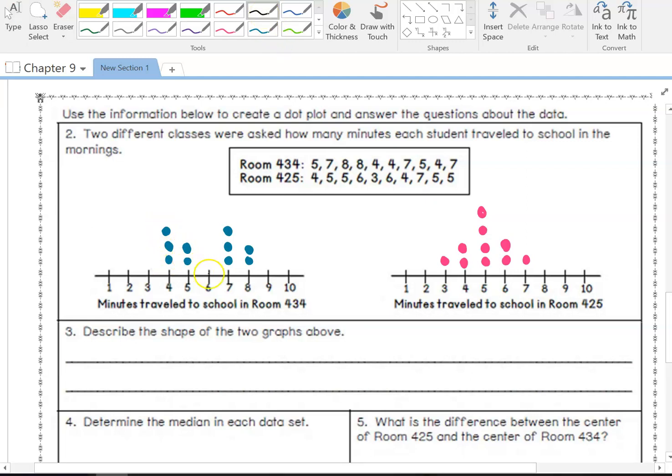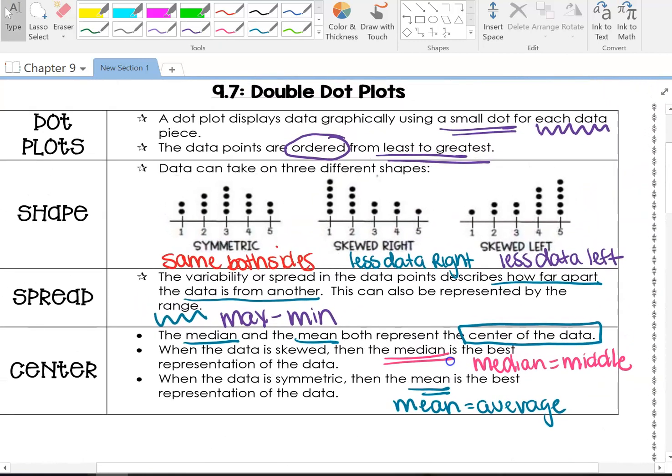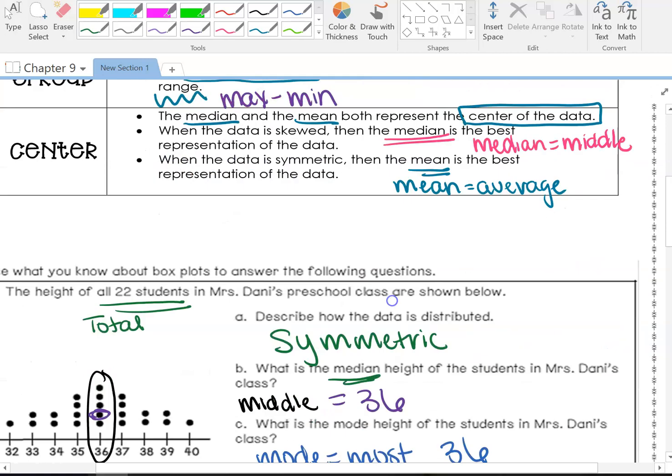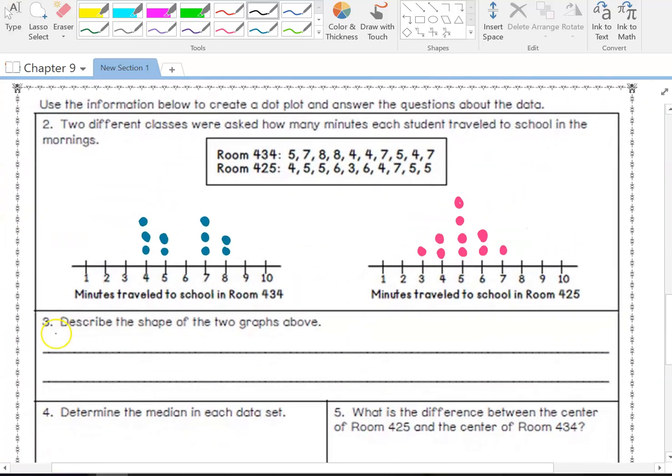Yes, there's 3, 2, none, 3, 2, but if I'm looking at the different shapes that it could take, symmetric, skewed right, or skewed left, there's really no pattern. So for room 434, there's no pattern.